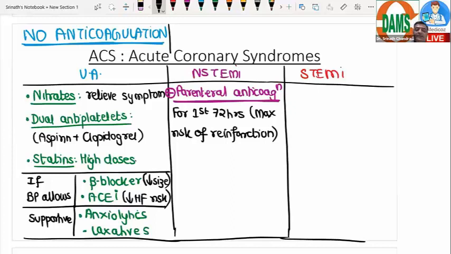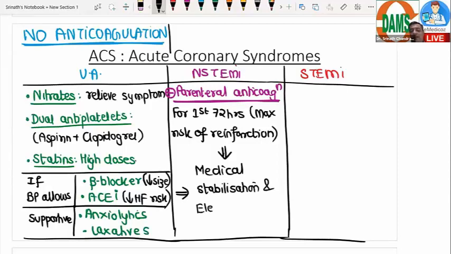In both these cases, in unstable angina as well as NSTEMI, what is recommended? Medical stabilization and elective angiography. Elective coronary angiography should be planned after 72 hours.